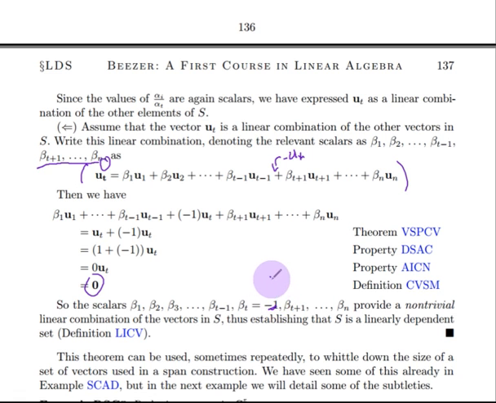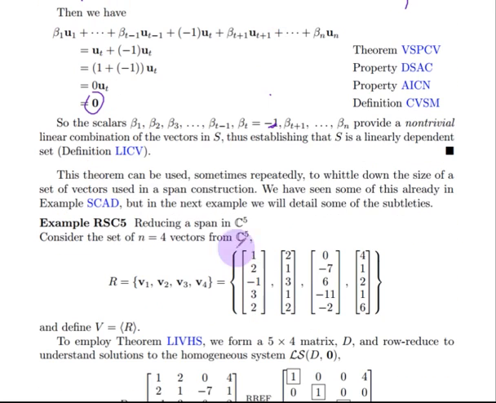All right, now, here's the important point. This theorem can be used repeatedly to whittle down the size of a set of vectors using in a span construction. We've already seen this, but we'll see some more examples.